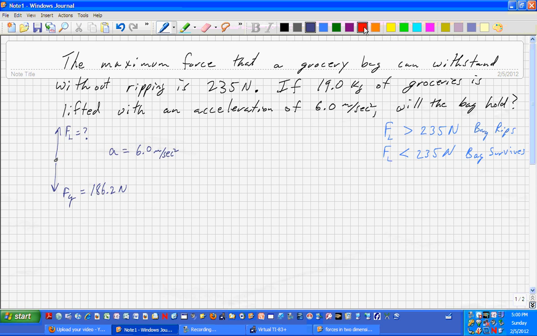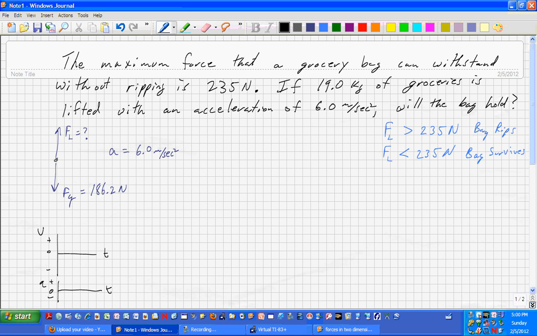A little sidebar here. Velocity time graph, acceleration time graph. We know that this is moving up, with the ground as our reference point.